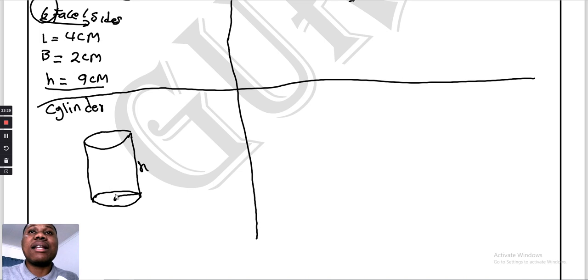What are we calculating? Remember, we are going to calculate the area around, and if you observe our area here, it is much more complicated than the area of a rectangle, because the one of a rectangle is so straightforward.